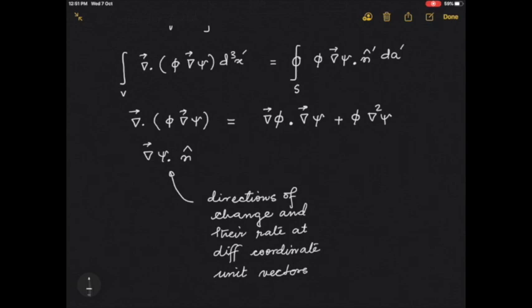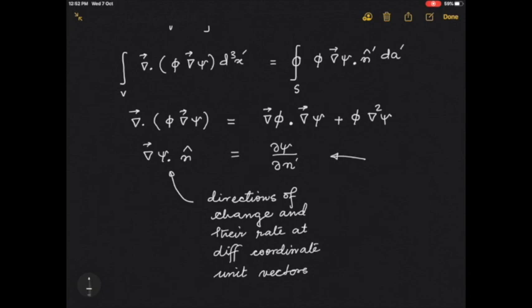And when I do dot n cap, this entire thing will give me the projection of that change along the direction of the normal to the surface. So this will tell me how psi changes along the normal to the surface. So I can write this as del psi del n prime. Grad psi is the change along all three coordinate unit vectors.